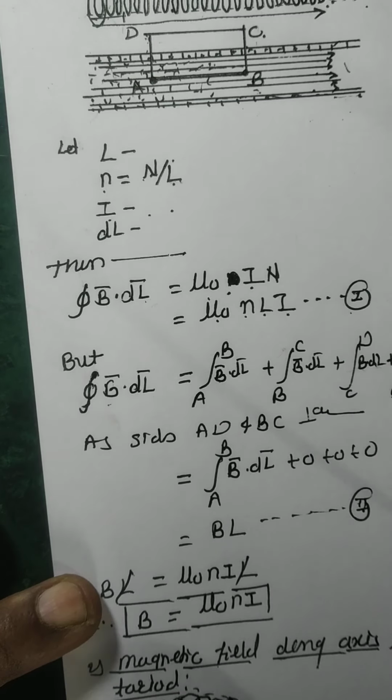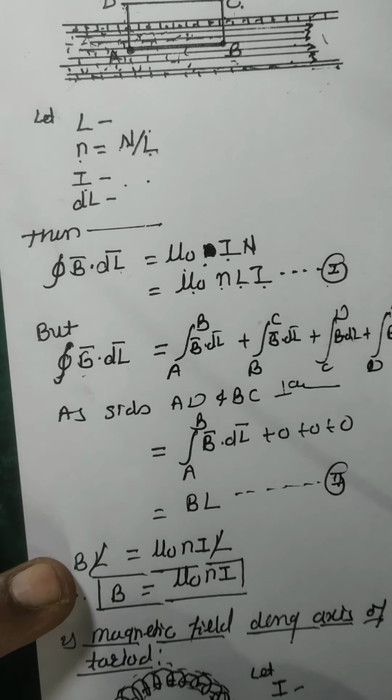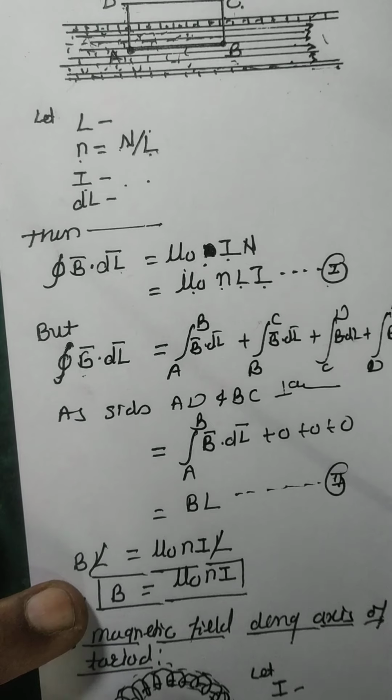R suppose radius. Let I be the current flowing through toroid, R radius of circle, L length of toroid, N number of loops or number of turns. Then number of turns per unit length is number of turns divided by length.